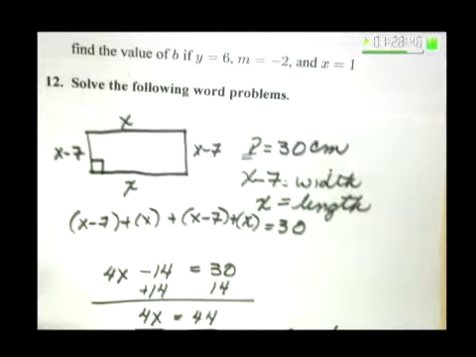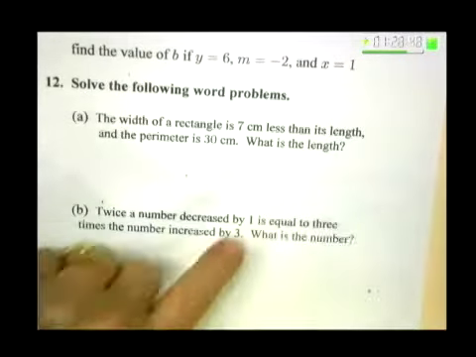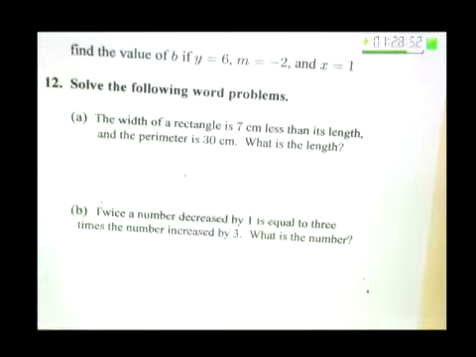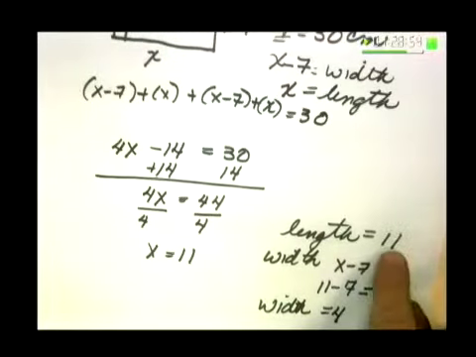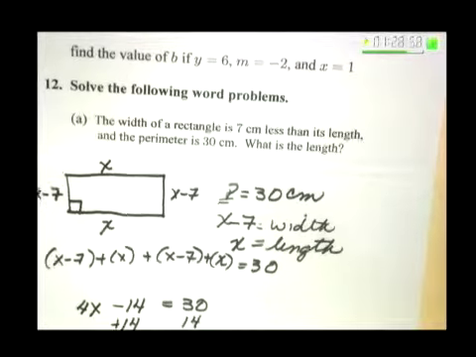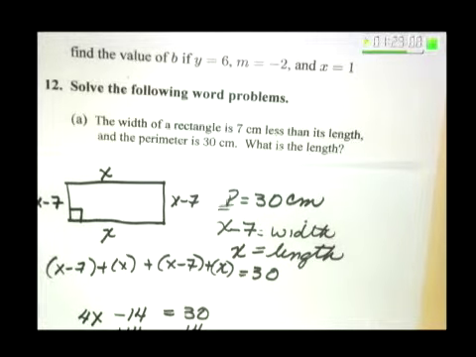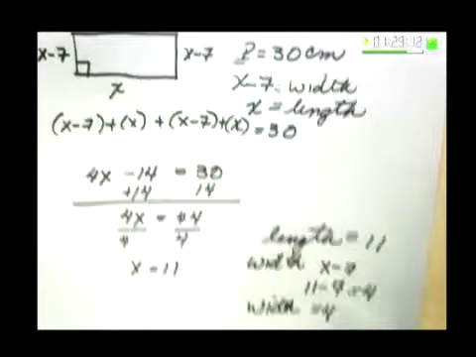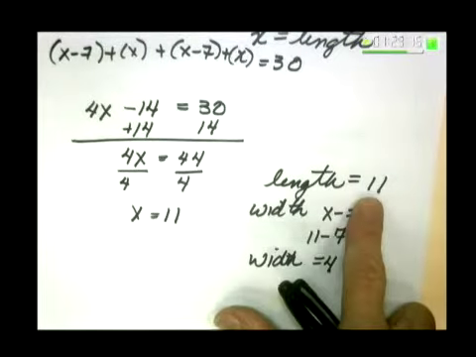Now I'm still not finished, because now I have to go back and remember, what did the problem ask me? So I'm going to go back to the original problem, and the original problem says, what is the length? So I go back here, and I know that the length is 11. Now, do not be surprised if on your final exam they say, what is the sum of the length and the width? They might not just ask you what is the length, which we got as 11.